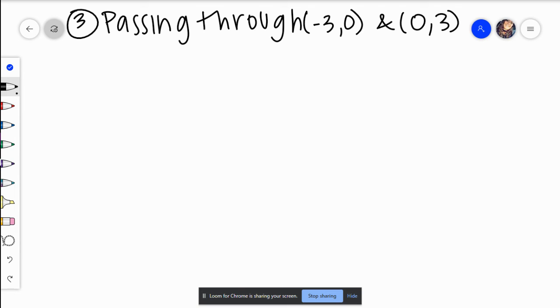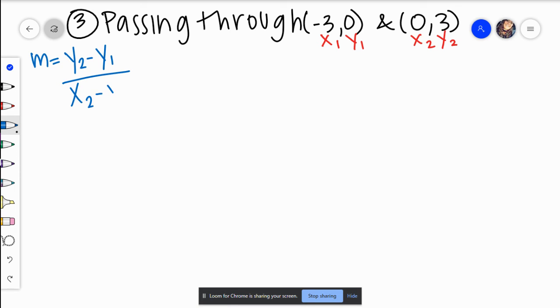I still need to find point slope and slope intercept, but I'm not even given a slope. So what I need to recognize is that in order to find the slope, I need 2 coordinated points. Once I label them, my x sub 1, x sub 2, I now can do the slope formula, which is the difference between the x values and the difference between the y values.